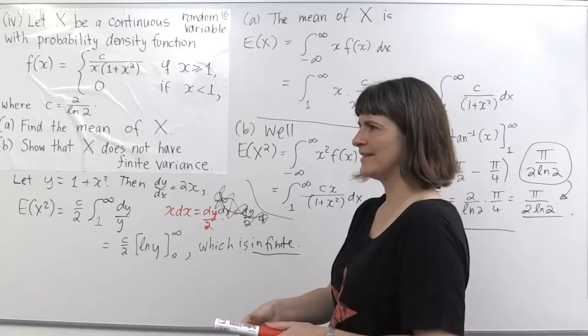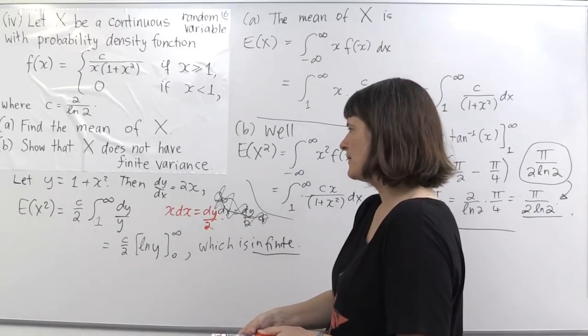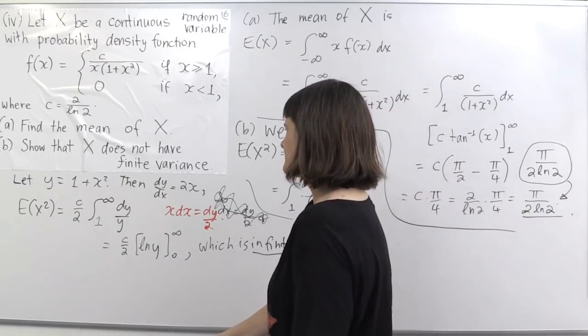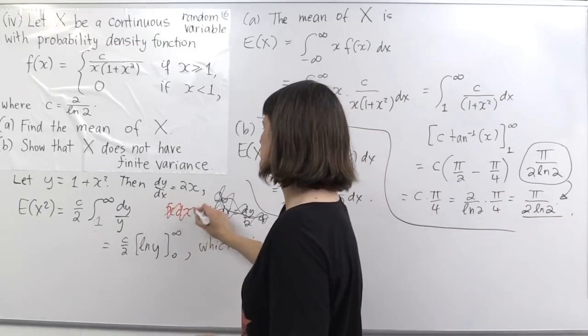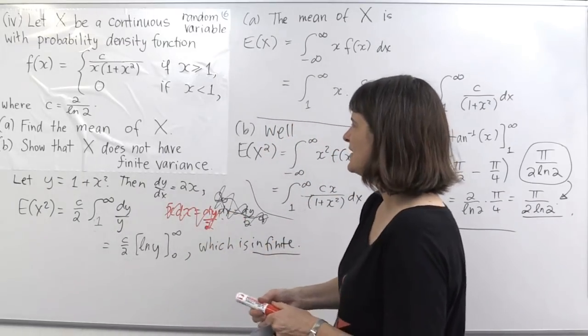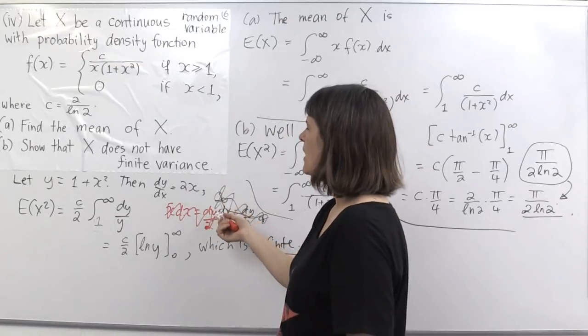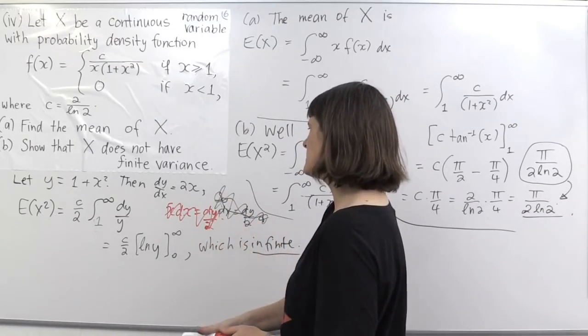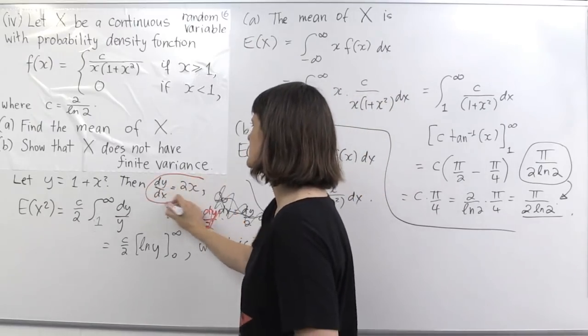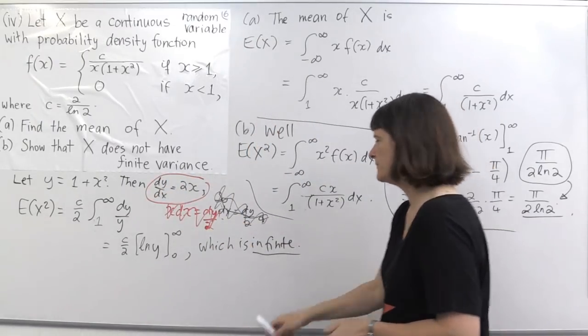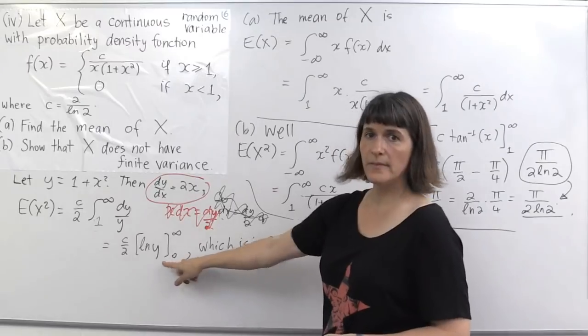But there's a y, you have to have a y. It doesn't make any difference. I think you're steering me down the wrong channel. This is correct, right? Oh, x dx, no, I see what you're saying. X dx is dy on 2. You guys can do this better than me. It's fine.